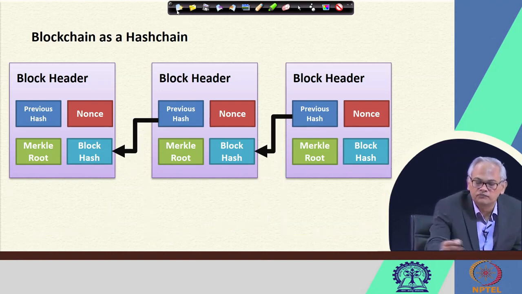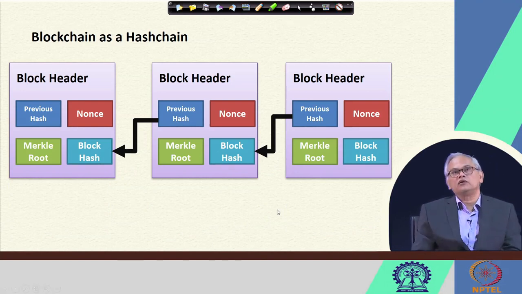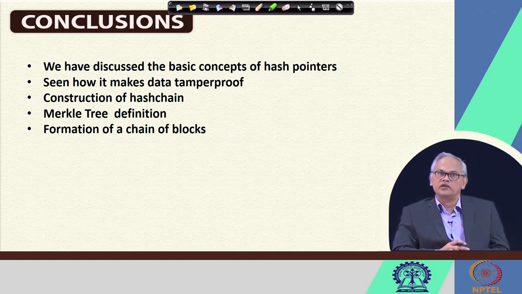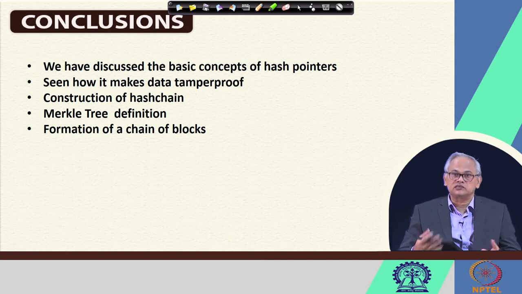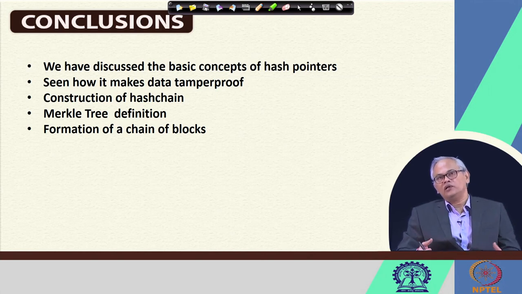So, that is the set of topics we decided to cover today. In conclusion, we have discussed the basic concepts of hash pointers. We have seen how they make data tamper proof. We have seen how to construct a hash chain and define the Merkle tree.